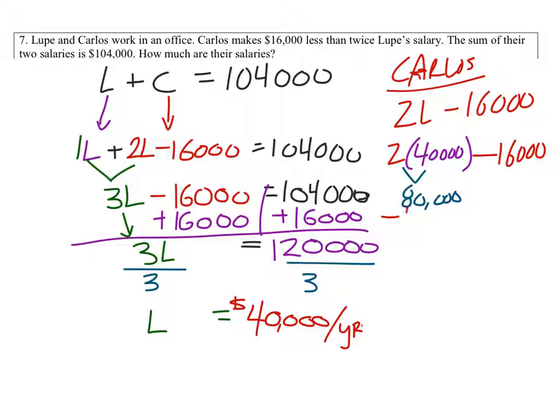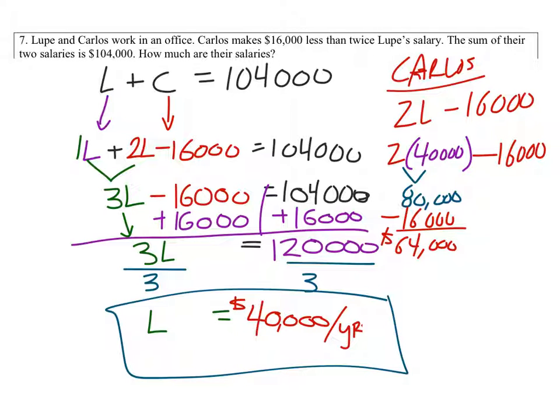So then minus the 16,000 gives us 64,000. So Lupe is at 40 grand per year, and Carlos is at 64 grand. If I add those together, I get 104,000 to check it off.